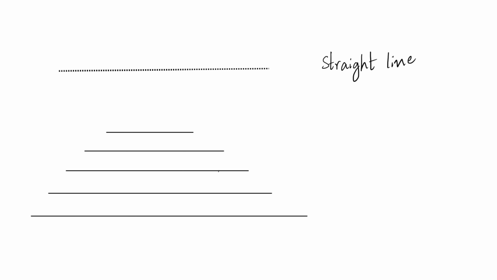For suppose, look at the figures. Have you found any difference in the figures? Yes, each line is longer than the other. A straight line always extends on both sides. You should place an arrow mark at both the ends.